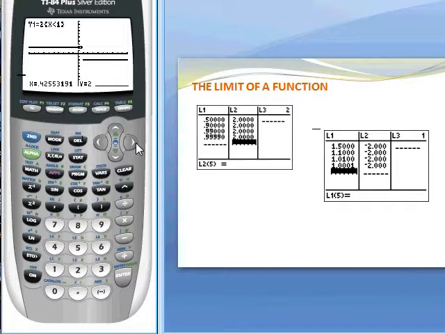And look what happens: the right-handed limit is all negative 2, right there when x is very, very close to 1. So there are 2 values. There's no limit. So how do we show that as a notation?